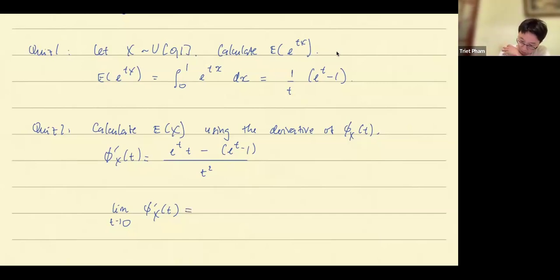So basically, this is a 0 over 0 scenario. So you use L'Hopital's rule. So you get t e to the t, plus e to the t, and then minus e to the t, over 2t.